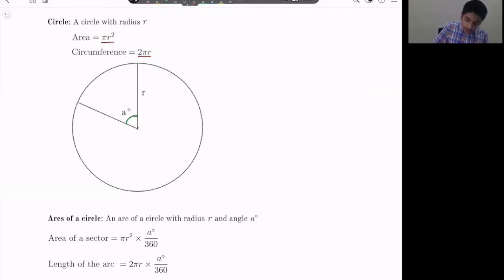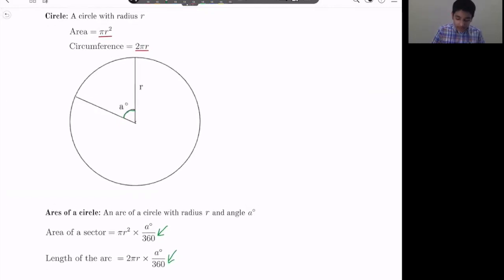Then it makes sense that the area is just going to be a over 360 of pi r squared. And same thing for the length of the arc. It's just going to be a fraction of the circumference. So the length of the arc is just 2 pi r, the circumference, times what fraction it cuts off, a over 360. And the area is just pi r squared times a over 360.